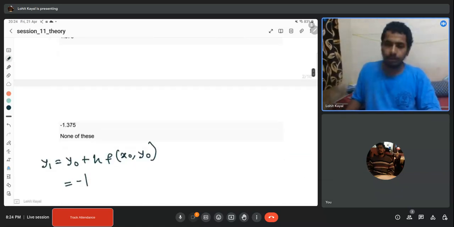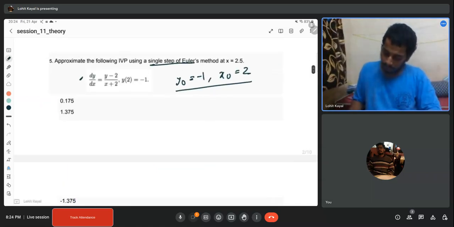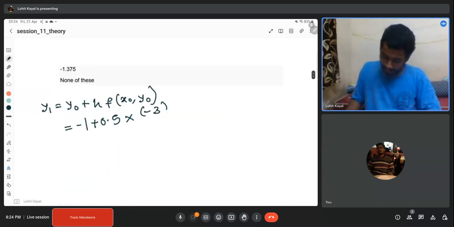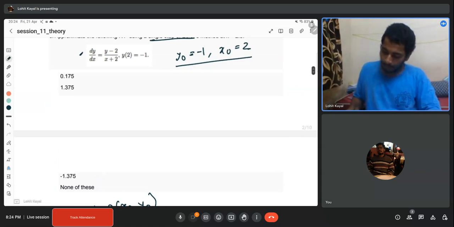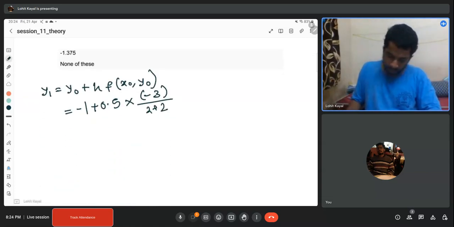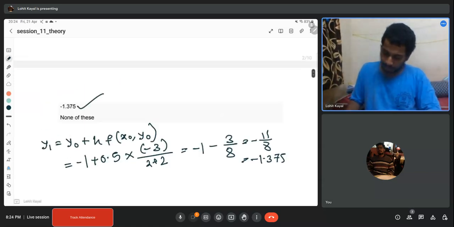That means h will be 0.5, plus 0.5 into (y0 minus 2, that means -1 minus 2, that is -3) divided by (x plus 2, that means 2 plus 2 equal to 4). So if you do this, you get -1 minus 3 by 8 equal to -11 by 8 equals -1.375. So this is the answer.